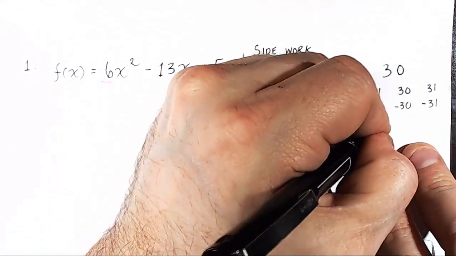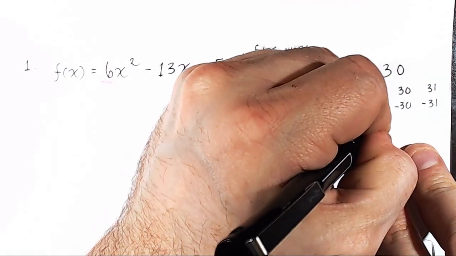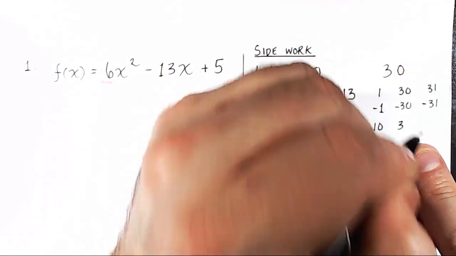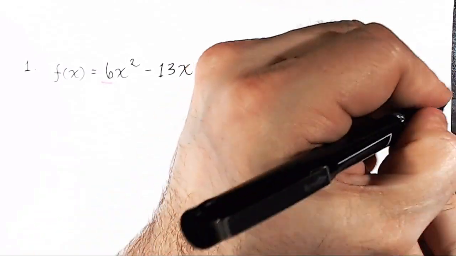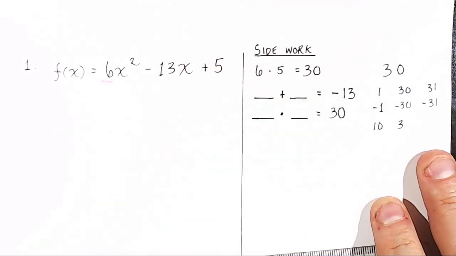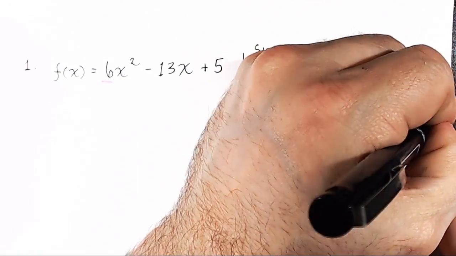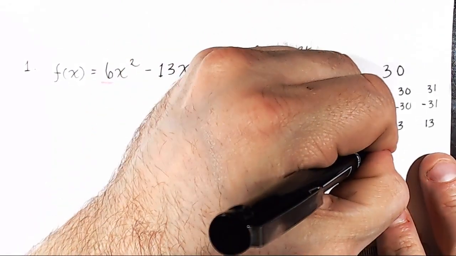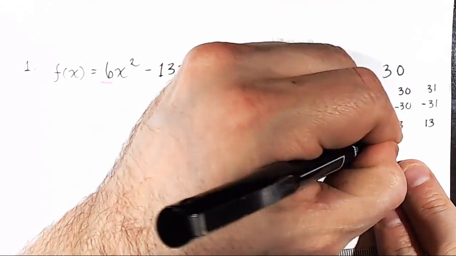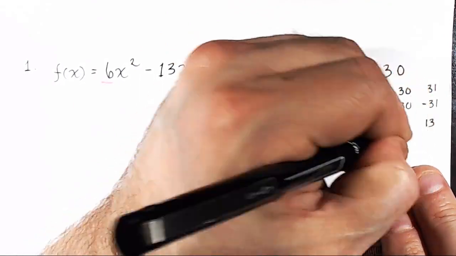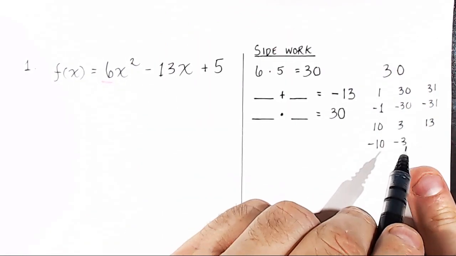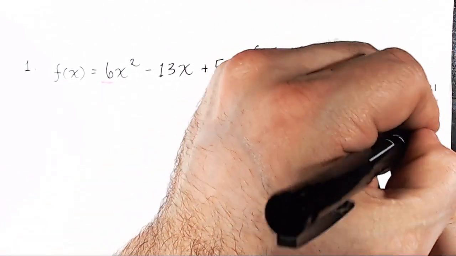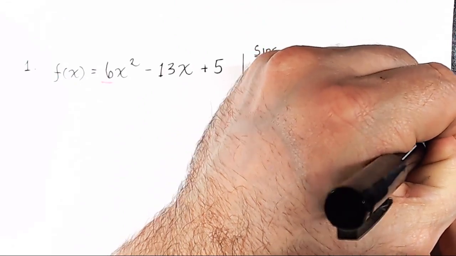Let's keep going. What else? How about 10 and 3? Those multiply to 30 and they add to positive 13. Okay, how about -10 and -3? -10 times -3 equals 30, and they add to -13.